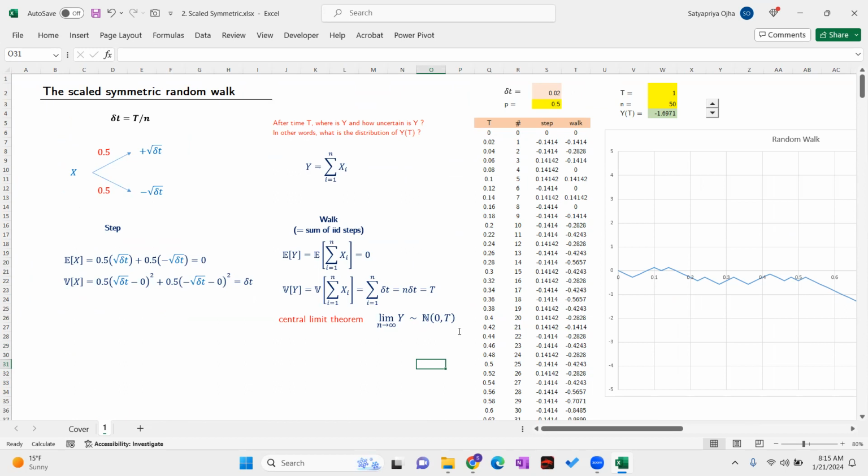Now, question. Actually, let me not ask the question. If this is desirable, question is, why are you then modeling everything in a discrete fashion? 2 values. Why are you doing that? If you want this end result, why not make the step itself take continuous random values?